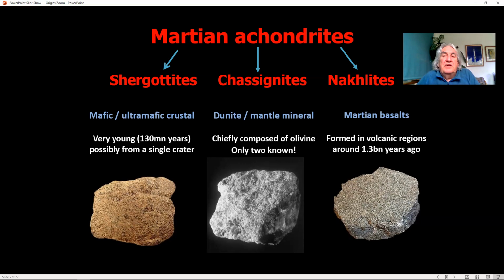The eruptions must have been able to chuck these things out into space, because Mars, being much smaller than the Earth, has a much lower escape velocity. So it's possible that some Martian basalts were sent into space from volcanic eruptions.